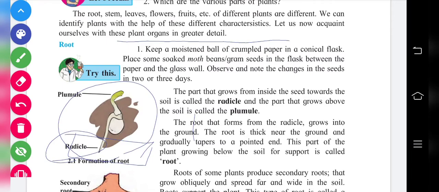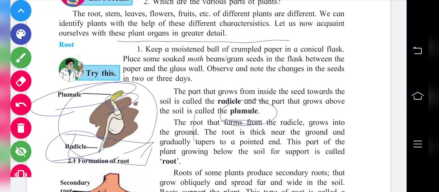The part that grows above the soil, upward, is called the plumule. These are the parts.